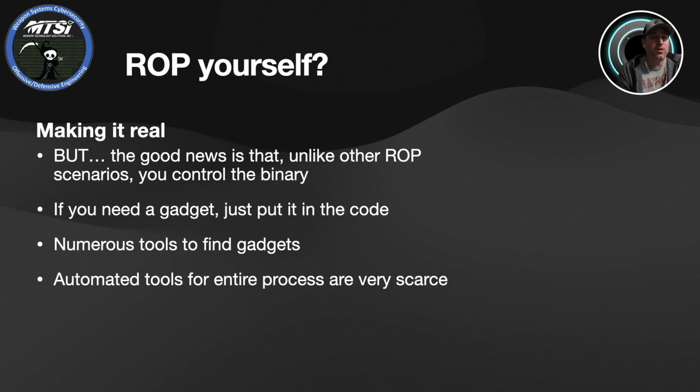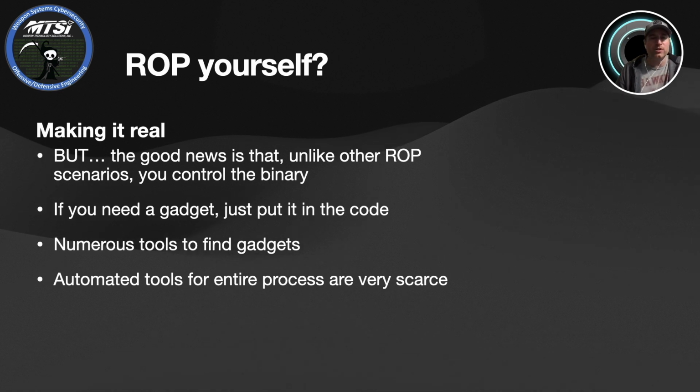That's very, very powerful. There are numerous tools to find gadgets. We'll talk about them in the demo and here at the end of the brief. And there are some automated tools, but there's not a lot. This is still a very manual process. And I'll show you how I tried to do some automation using scripting and Python during the demo.